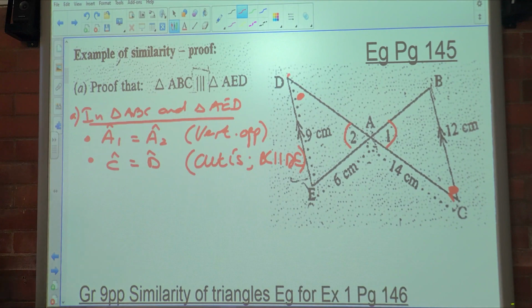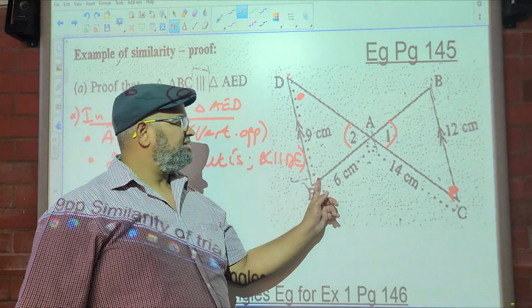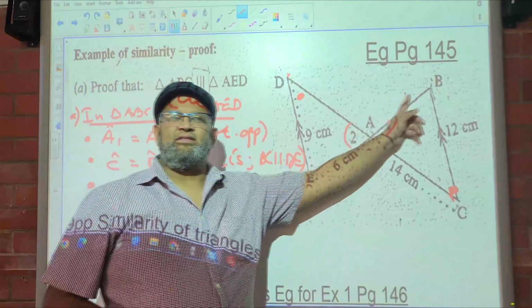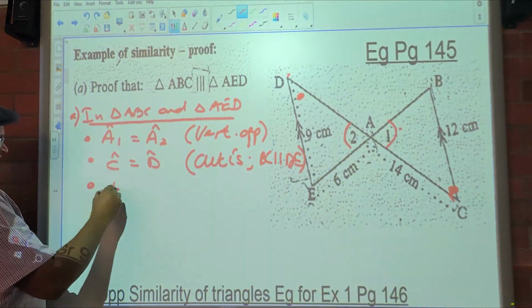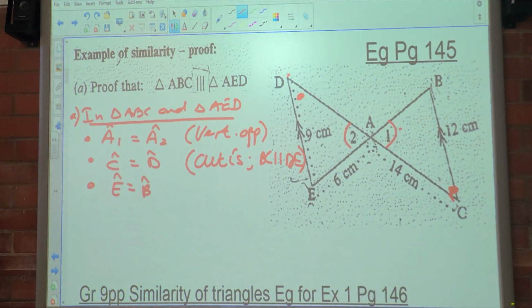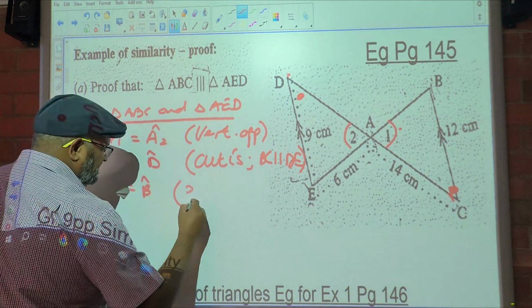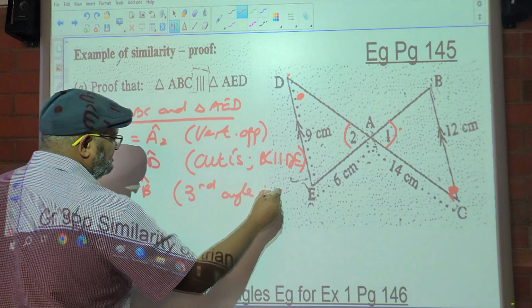So what can I say in conclusion? Angle E has to be equal to angle B. Why? Again, alternate angles, not so? Or it is the third angle in a triangle.